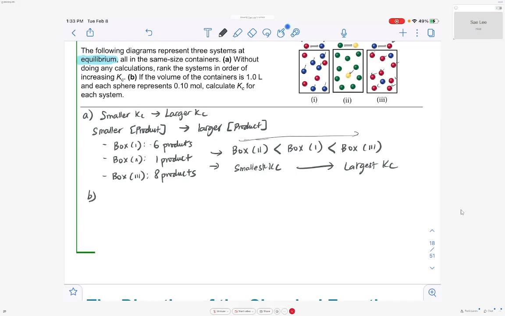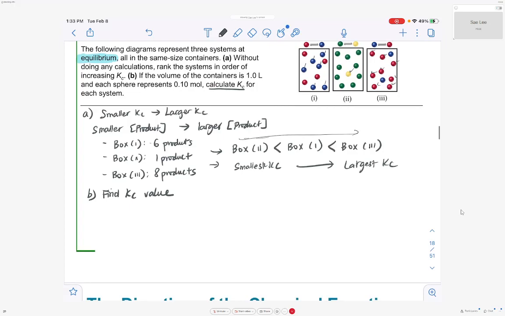Okay. Moving on to question B. For this question, we need to calculate the exact numerical value of Kc. Okay. So they already provided us information that each sphere equals 0.1 mole.